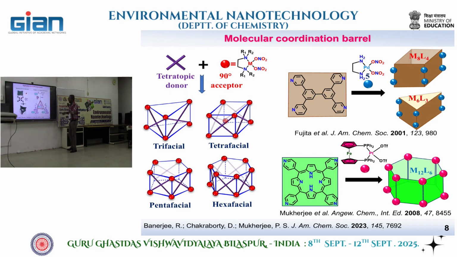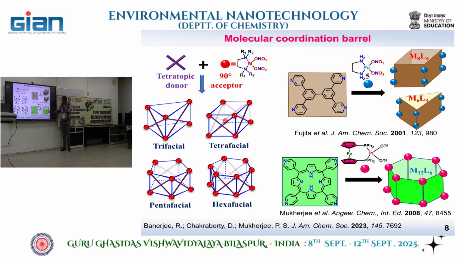So what is the utility? Why are you doing that? The utility of these metal coordinated architectures: this molecule contains a hydrophobic unit, the organic molecule, as well as metal counterparts. The metal counterparts also have high charge. You see, this platinum is in the +2 oxidation state.